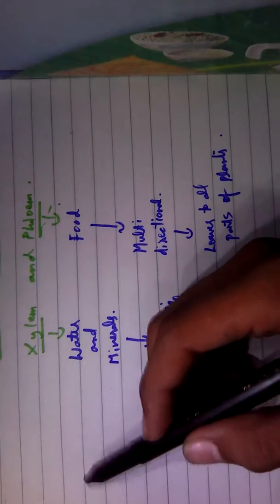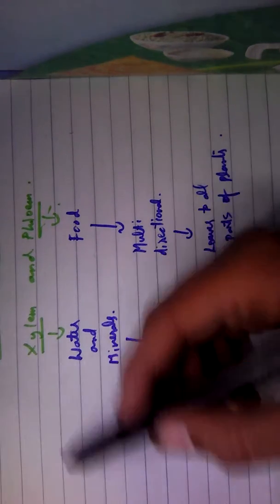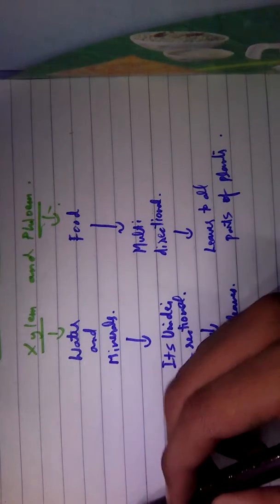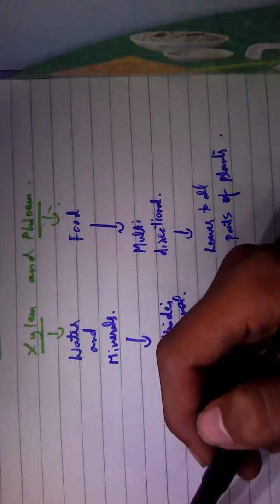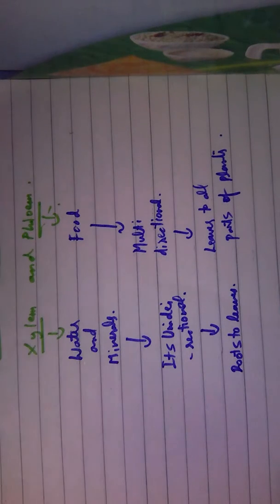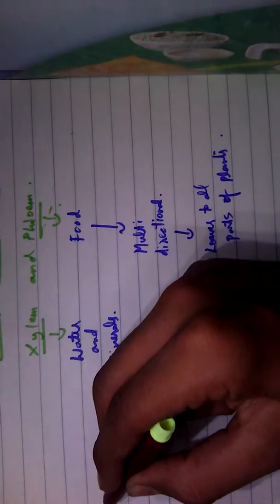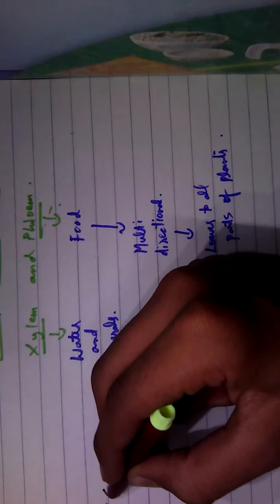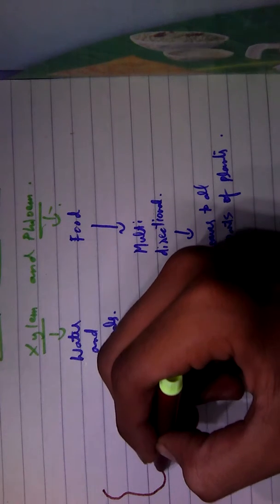Now I'm going to draw the figure of a root and the parts of it. Okay, let me draw it. I'm not good at drawing. It will be something like this.